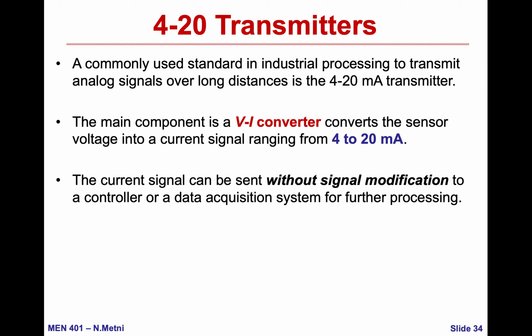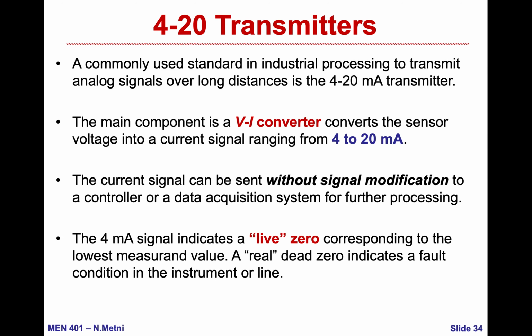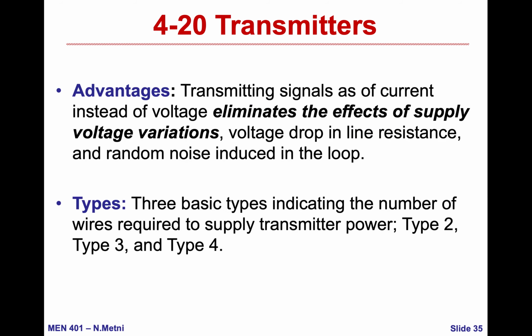So this is why it's 4. And the full voltage, basically in industry we use 24 volt, corresponds to 20 milliamp. From here comes the name of the 4-20 standard. So 4 milliamp corresponds to V equal to 0 and 20 milliamp corresponds to the maximum voltage.